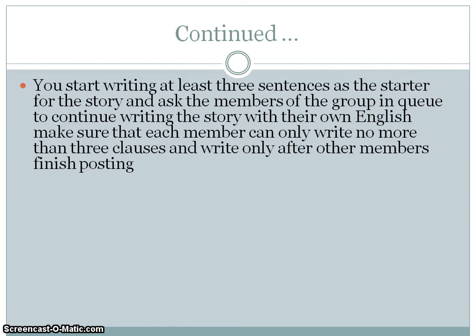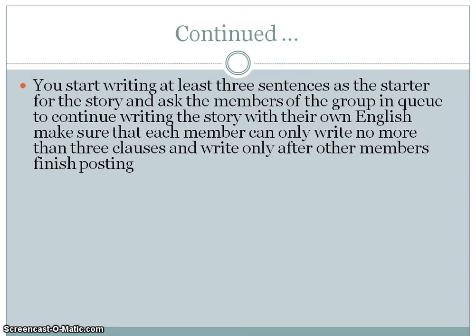What you need to do next is to start writing at least 3 sentences as the starter for the story, of course based on the kind of folklore that the group works on, and ask the members of the group in queue to continue writing the story with their own English.